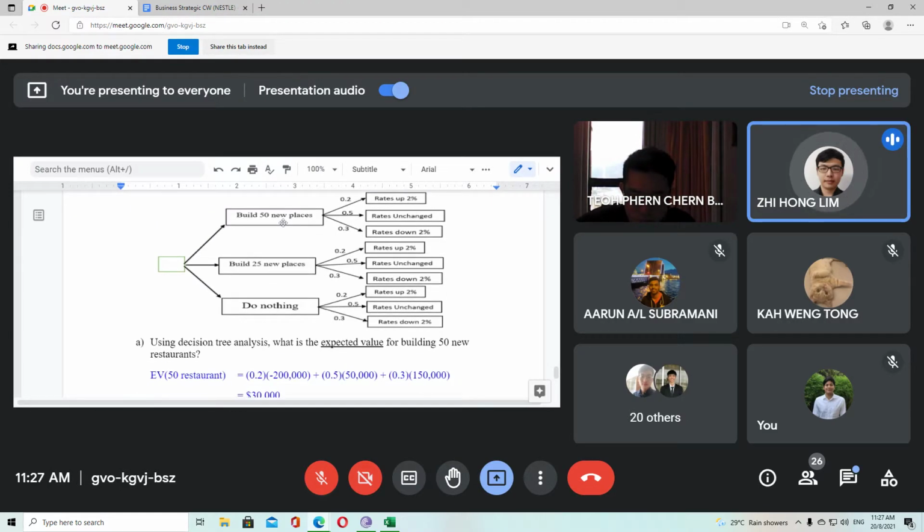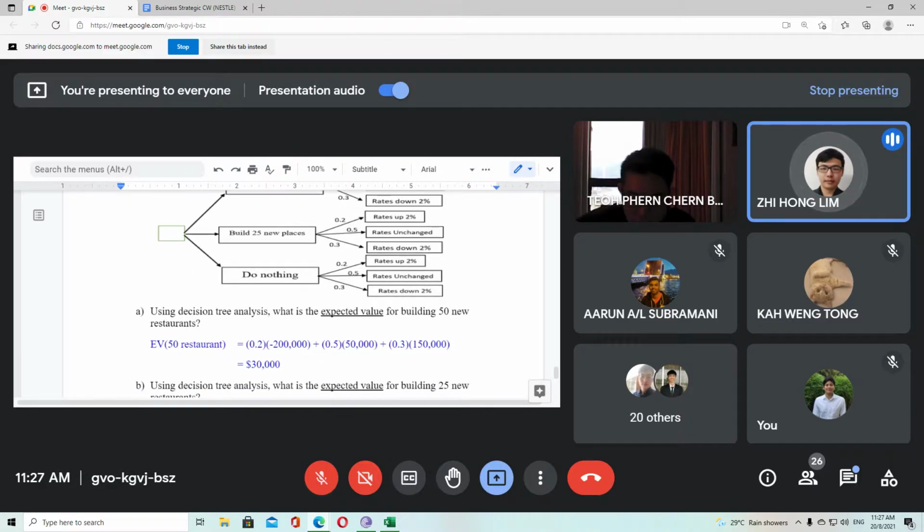The calculation for the expected value for building 50 new restaurants is 0.2, which is the 20% chance of the rates increasing 2%, multiplied by negative 200,000, plus 0.5 multiplied by 50,000, plus 0.3 multiplied by 150,000. The expected value is 30,000. So for the expected value for 25 new restaurants, next.